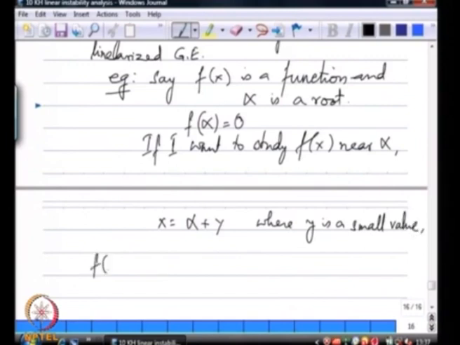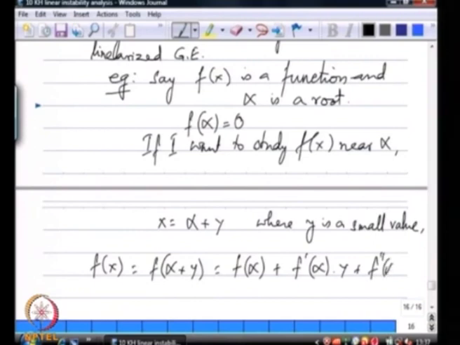Now, I can take f of x, which is equal to f of alpha plus y, to be equal to f of alpha plus f prime at alpha times y plus f double prime at alpha times y squared over 2 factorial, etc.